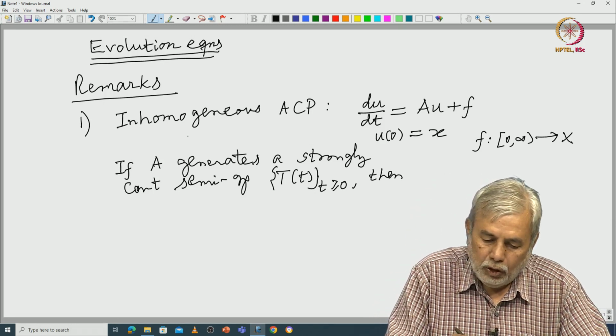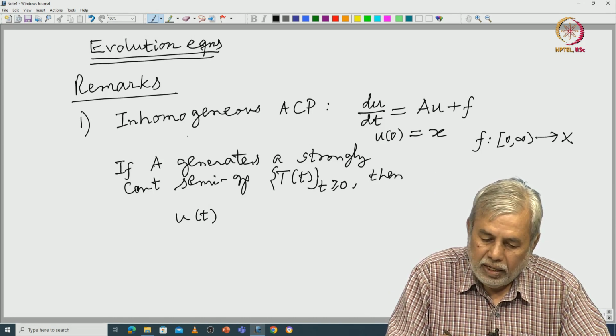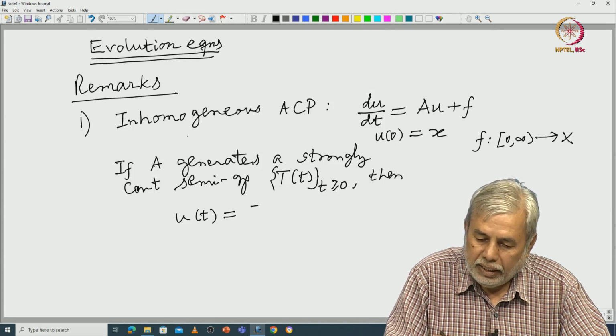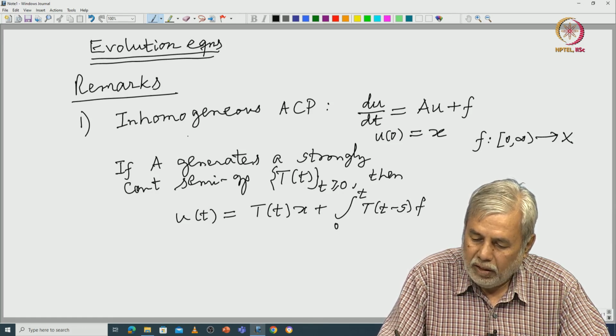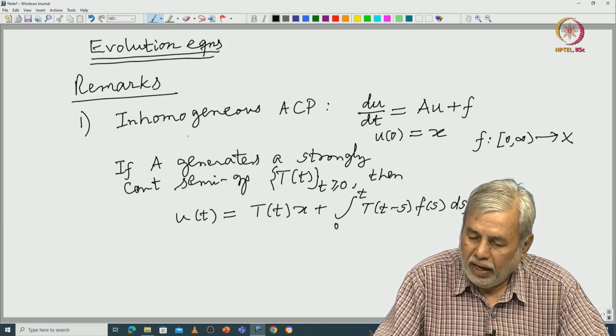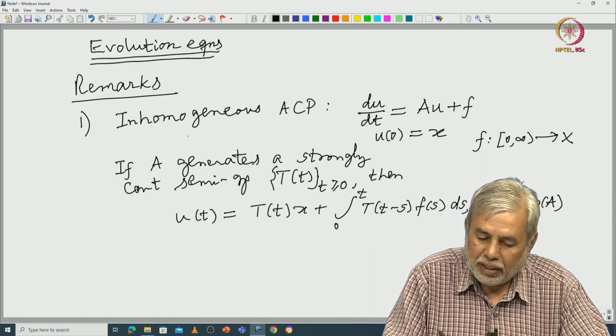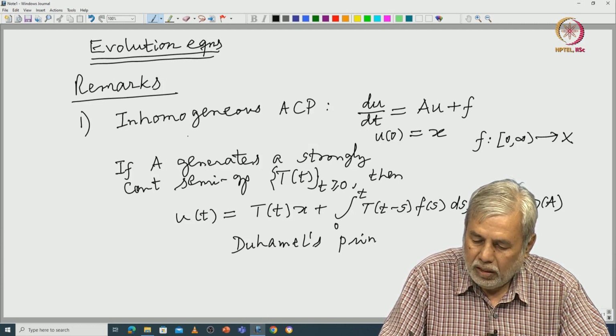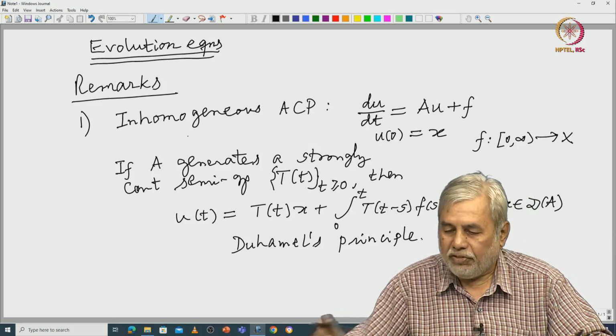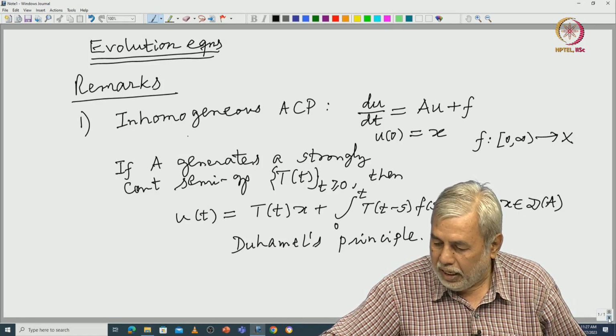Then U(t) is T(t) x plus the integral from 0 to t of T(t minus s) F(s) ds, for x in the domain of A. So, this is nothing but Duhamel's principle. Okay. So, this is the first remark.